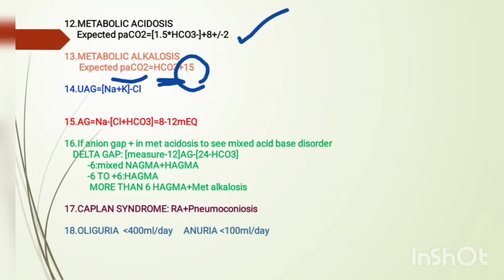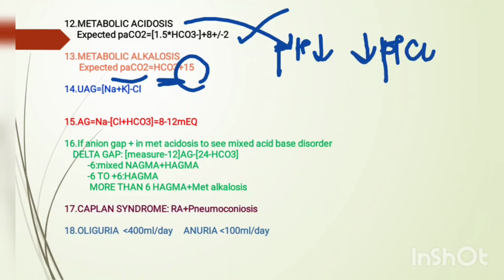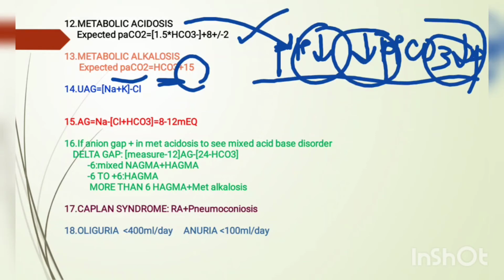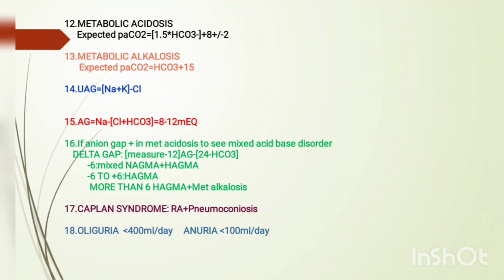So in metabolic acidosis or alkalosis, if pH decreases in acidosis, bicarbs will decrease and PaCO2 will decrease. All the change will be in the same direction, and in alkalosis everything will increase.